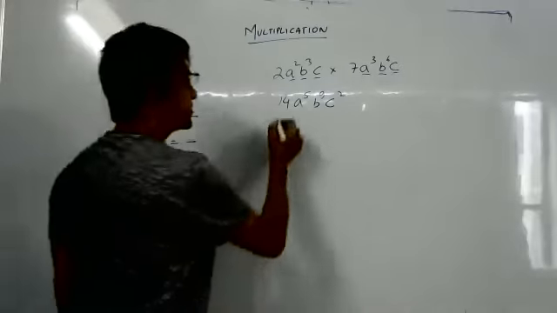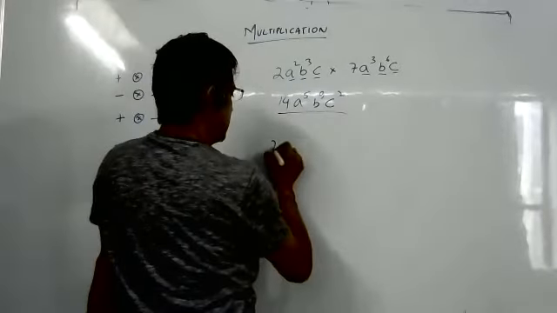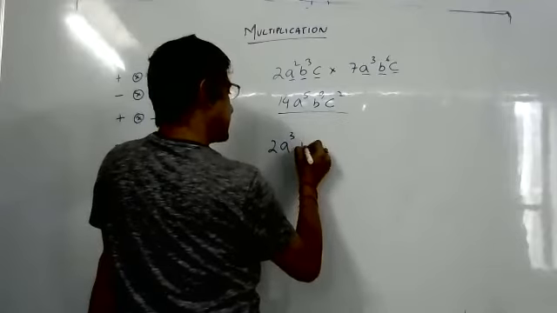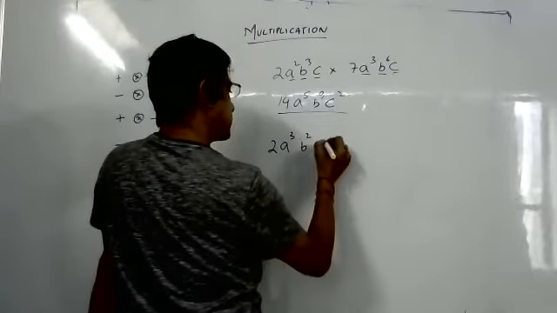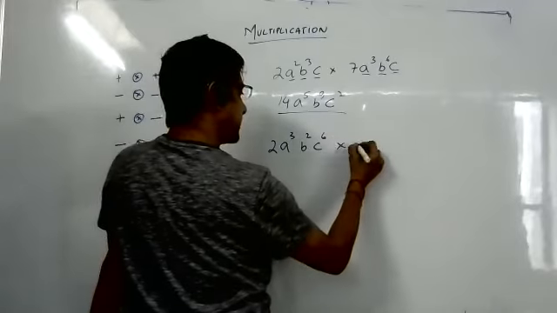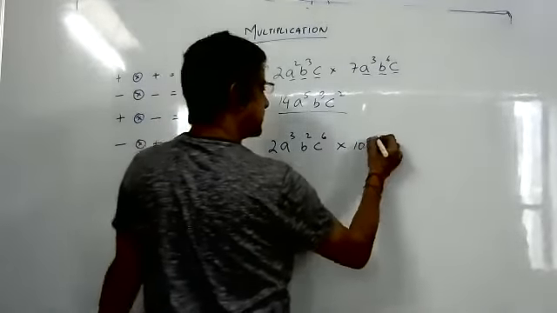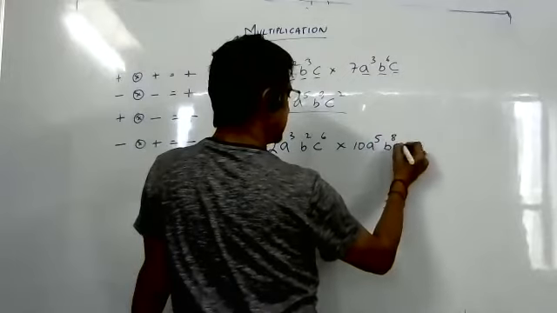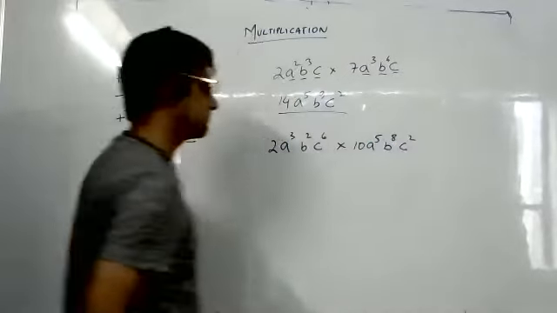Again, I am giving one question. 2 a to the power 3, b to the power 2, c to the power 6, multiplied by 10 a to the power 5, b to the power 8, c to the power 2.